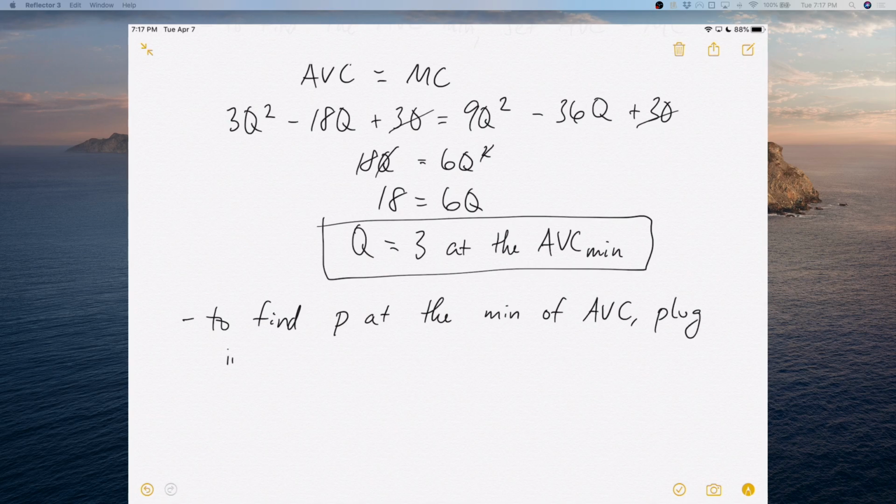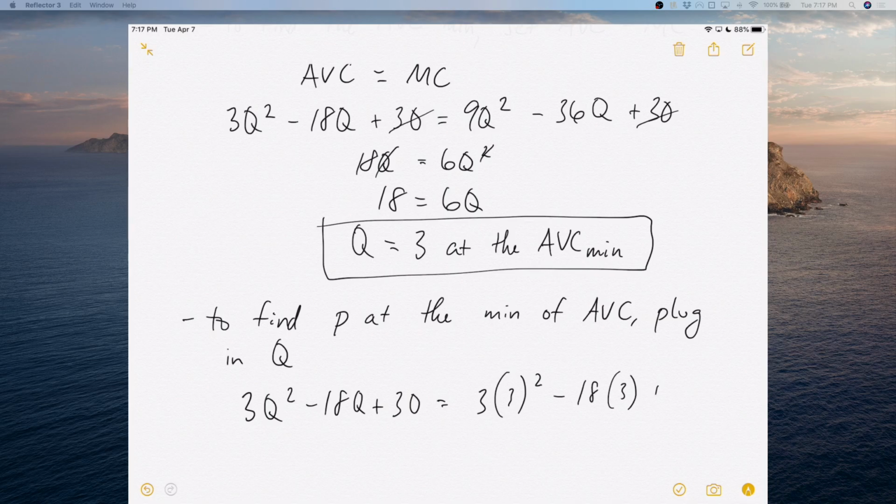So 3Q squared minus 18Q plus 30 equals 3 times 3 squared minus 18 times 3 plus 30. If you take your calculators out, that should come to 3. So price also equals 3.